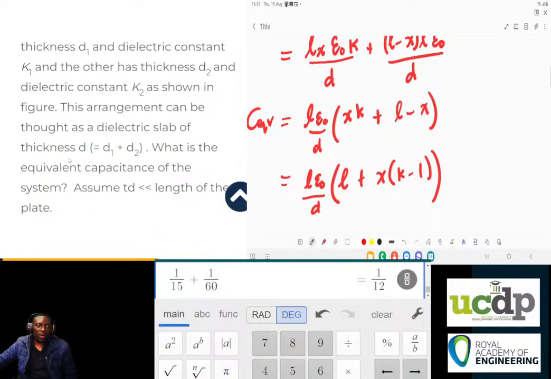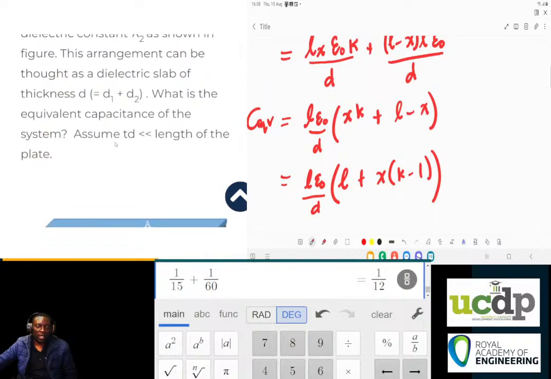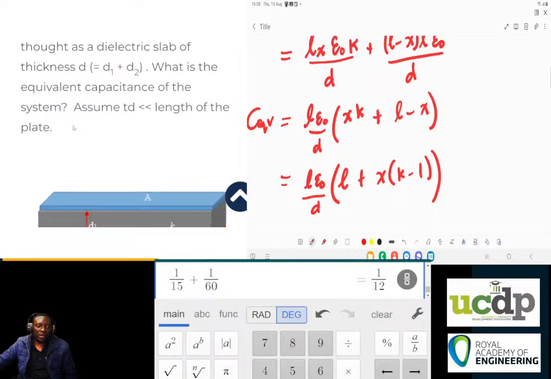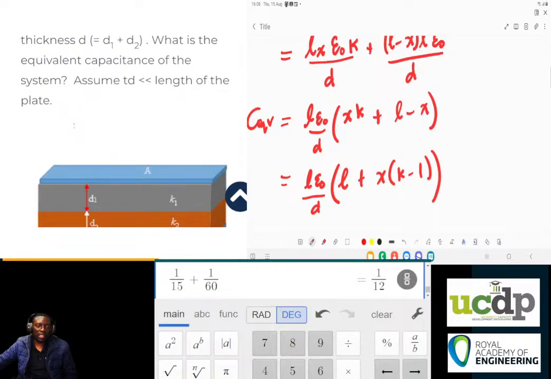The arrangement can be thought of as a dielectric slab of thickness D equals D1 plus D2. What is the equivalent capacitance of the system? Assume the thickness D is much smaller than the length of the plate.